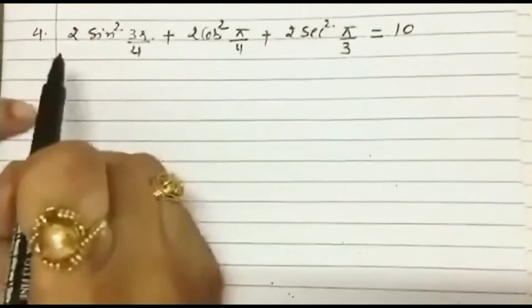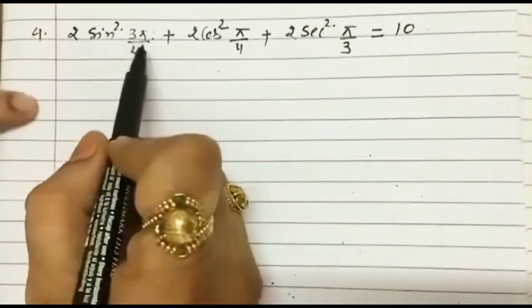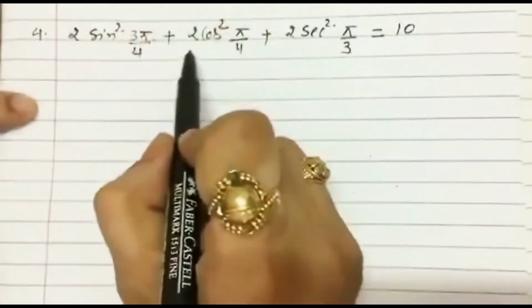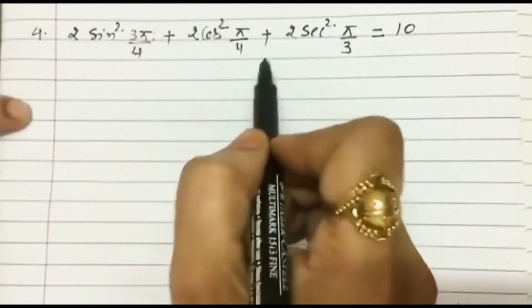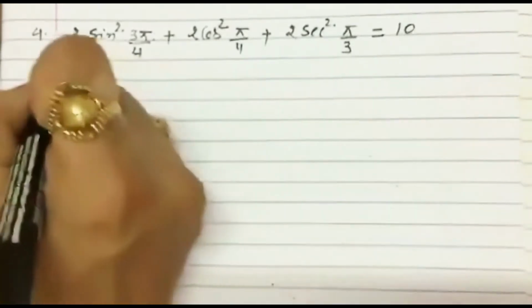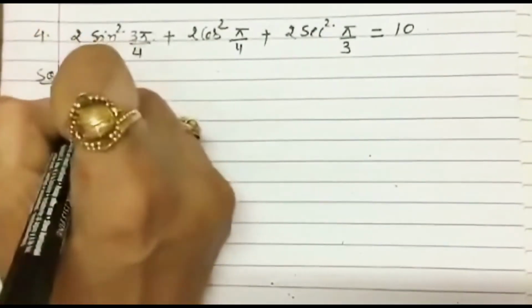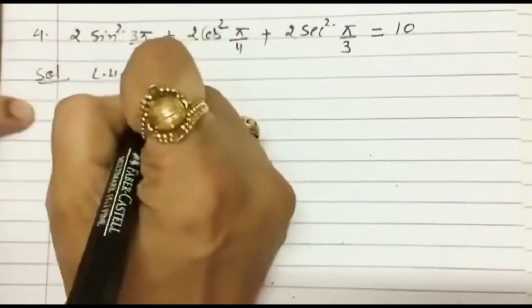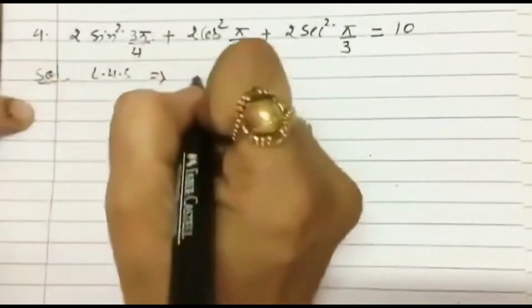Next question. 2 sin² 3π/4 + 2 cos² π/4 + 2 sec² π/3 = 10. So for this question also start from the left hand side, and write the values.